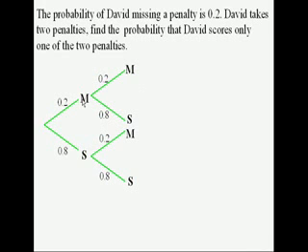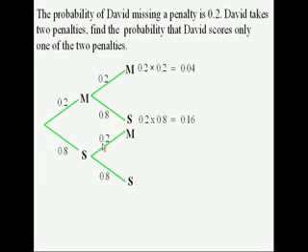Now, if I want to find the probability of a miss and a miss, as you know, you multiply the 2 probabilities together. So 0.2 times 0.2 would be 0.04. A miss and a score, well, 0.2 times 0.8 would be 0.16.